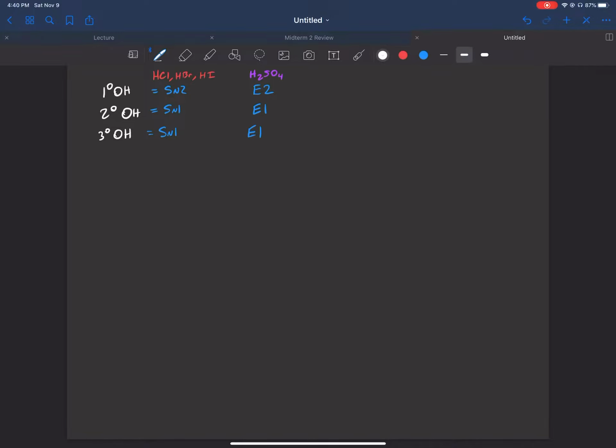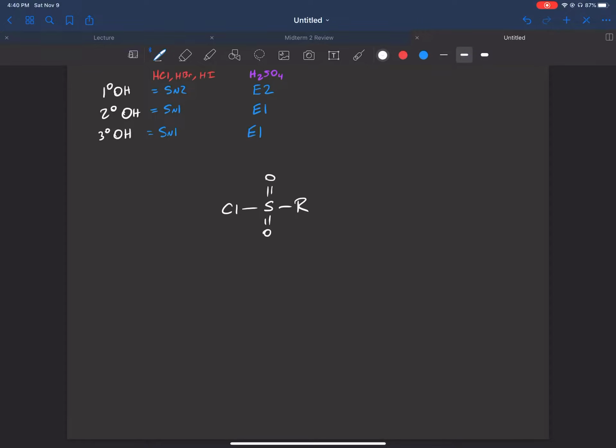You have chlorine bound to a sulfur with two oxygens and some R group. Now the R group is going to tell you if it's a tosylate or a mesylate.